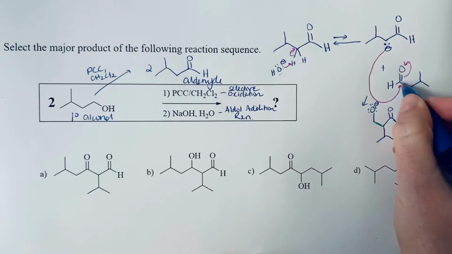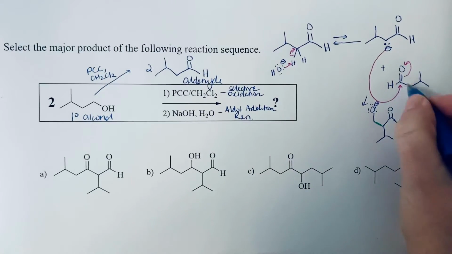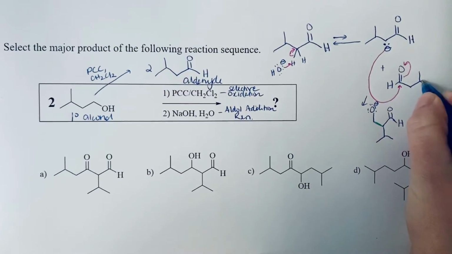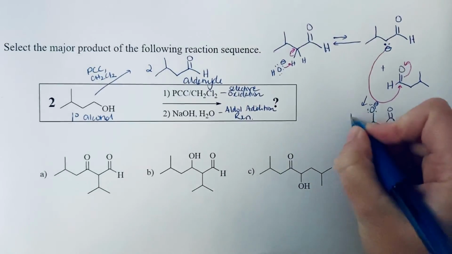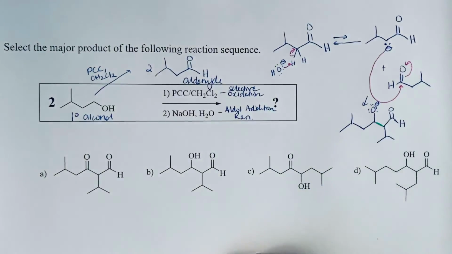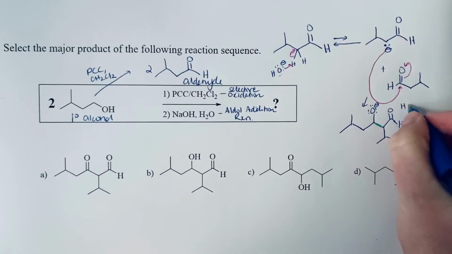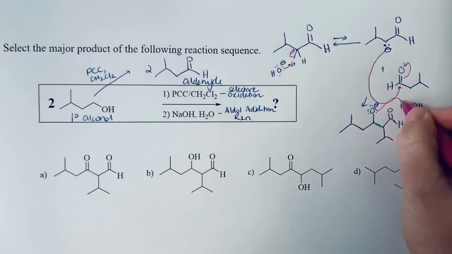Then attached to that carbonyl, there's a hydrogen that's understood to be there, so we don't need to include that unless you want to. But then we still have the CH2 and then the CH with those 2 methyl groups. So there's your CH2, CH, and the dimethyl at the end of that chain. And with the water, we can also add a proton to get this to the aldol product.